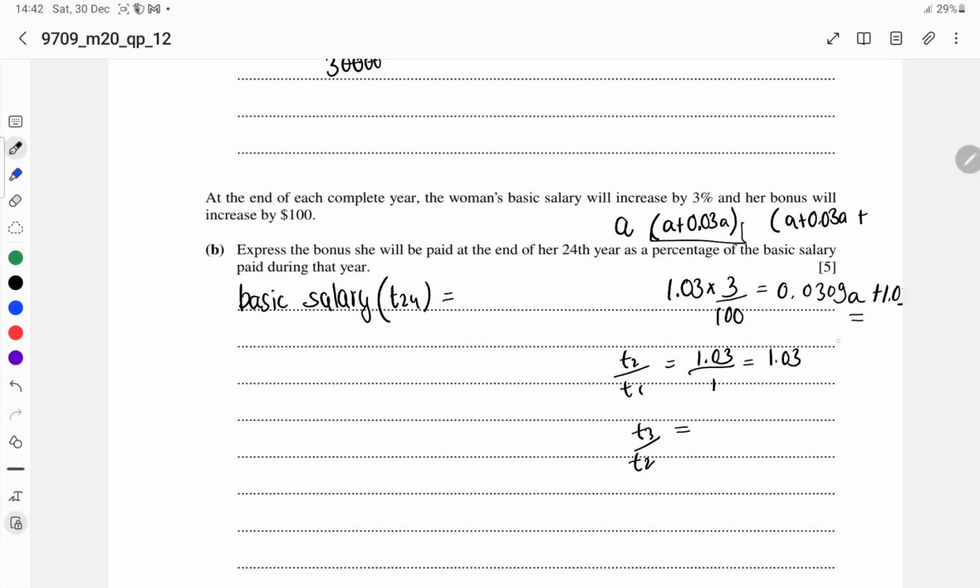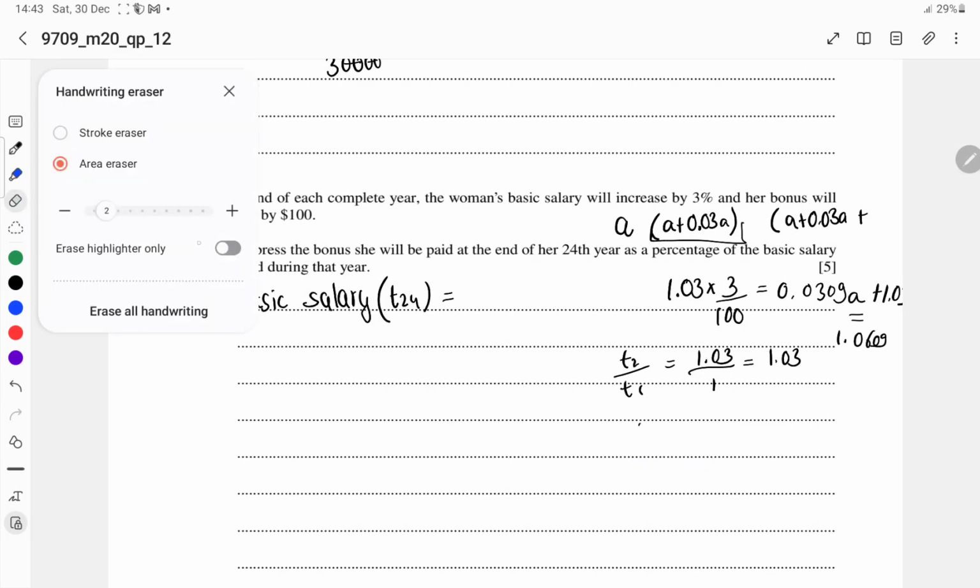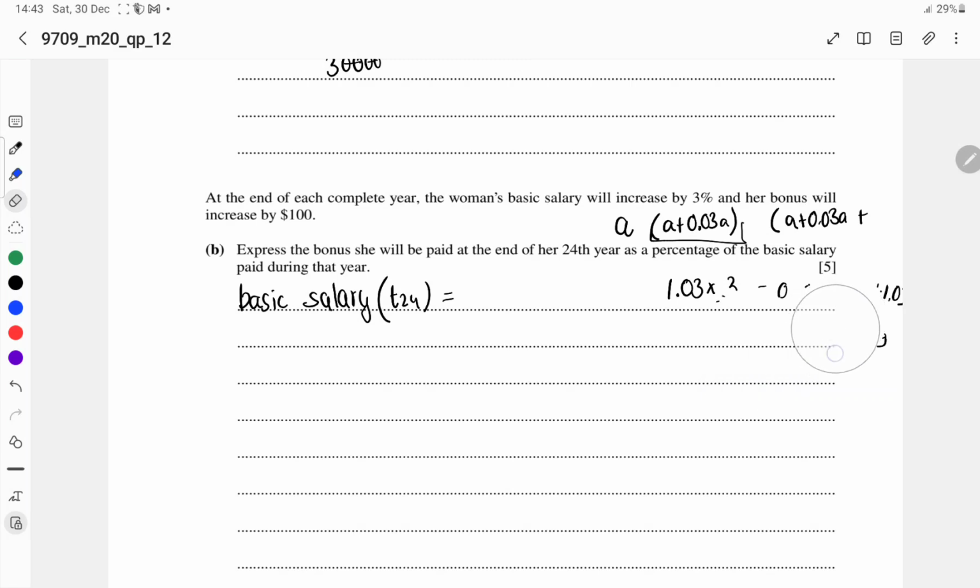We are simply going to get 1.0609. When we divide 1.0609 over 1.03, we get 1.03. Yeah, we get 1.03. So whenever the salary increases like this in a progression, we get a geometric progression, right? So basically, what we need to do is use the geometric progression formula.